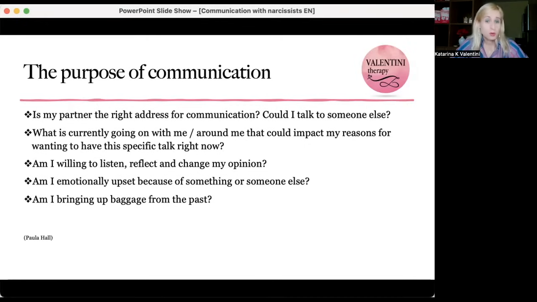Ask yourself if you are willing to listen, reflect, and change your opinion. We often start a conversation with a specific goal in mind, and we are frequently not very open to counter arguments. We just want to have it our own way. Ask yourself if you are emotionally upset because of something or someone else.